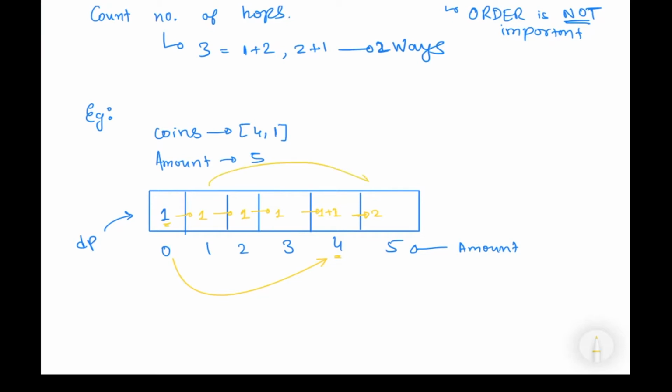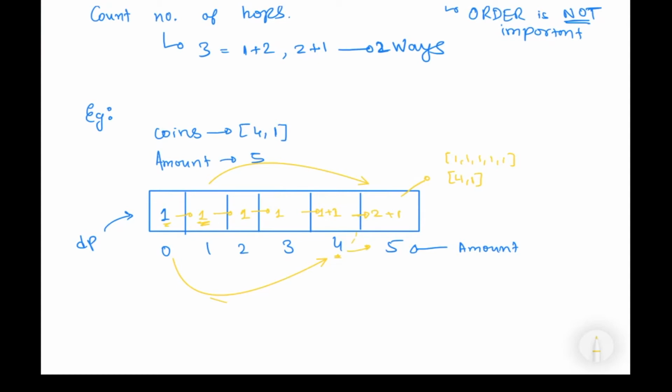Now if we reach from 4, we have two ways, because we can reach 4 in two ways, and if we want to reach 5 from 4, we have two ways. And in fact, instead of reaching from 4 using one coin, we can reach 5 using the coin with value 4, that is jumping from 1 to 5, and that will be one way.